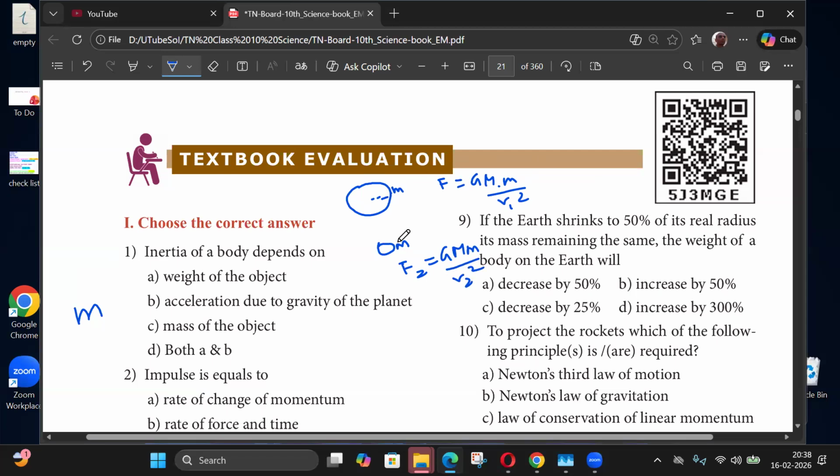So F2 by F1 is R1 by R2 whole square. Everything else is the same. R2 is half of R1. So one fourth.